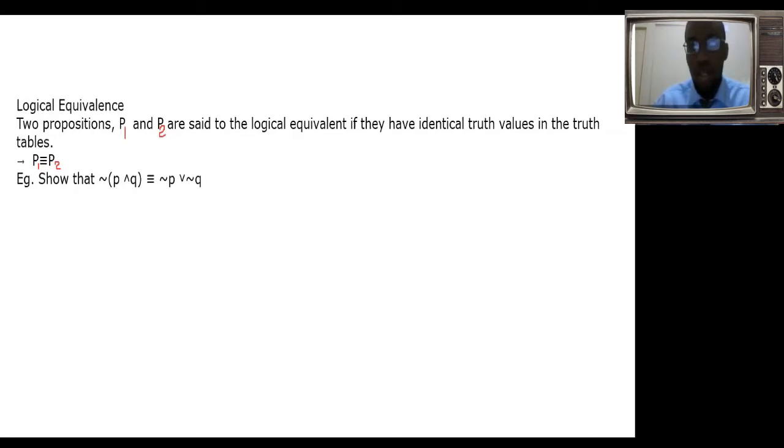They are logically equivalent if they have the same truth values in their truth table. Easy stuff. So let's show that these two statements are logically equivalent. So I'm going to draw the table first. Let's draw a nice table.